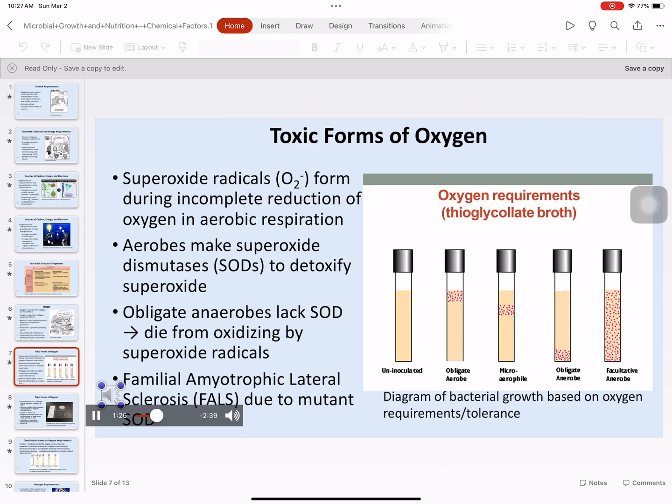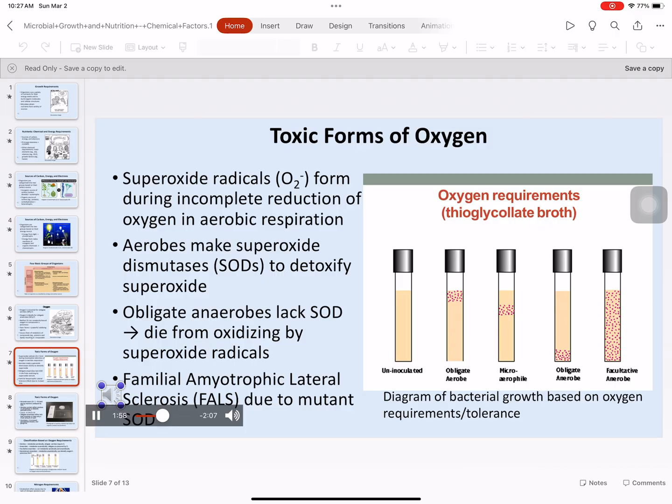That is, the oxygen gets reduced by accepting the hydrogen ions, the protons. But sometimes during that process, things don't go the way they should, and superoxide radicals are generated. That is, the oxygen is not completely reduced.